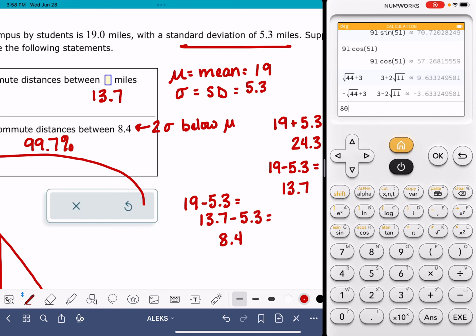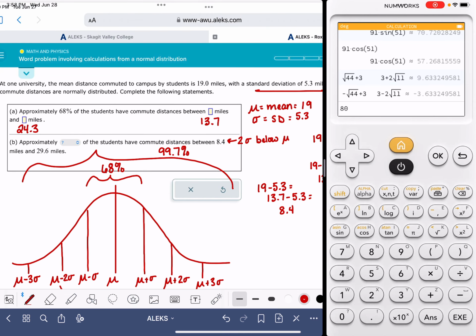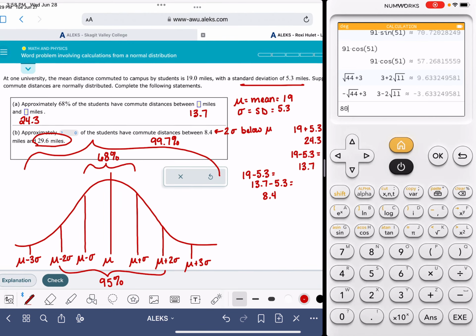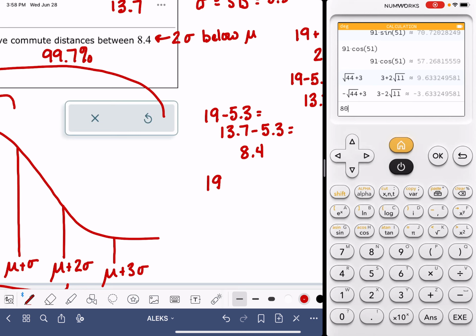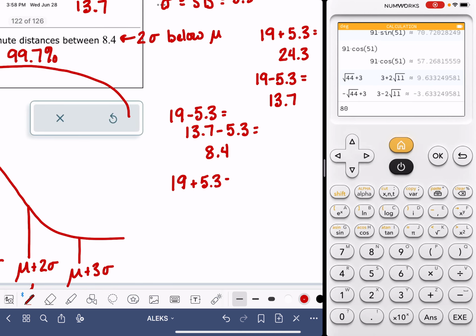And we can really safely assume that this other data point, 29.6, has got to be 2 standard deviations above. At least I'm pretty sure it's 2 standard deviations above. Let's double check it. So 2 standard deviations above our mean, 19, plus 5.3, that's 1 standard deviation above, and we've already done that calculation, it's 24.3.